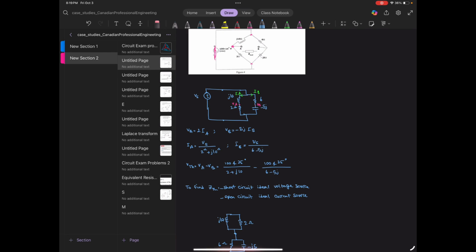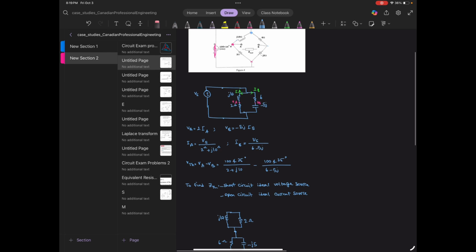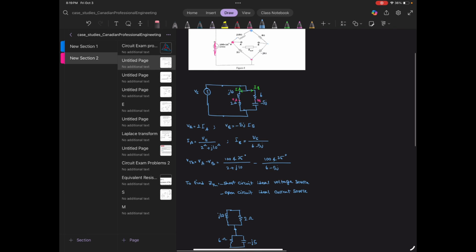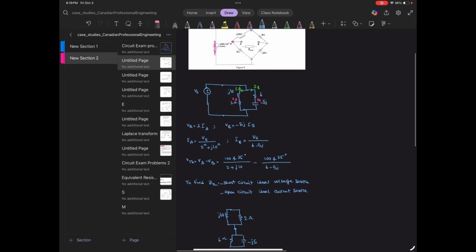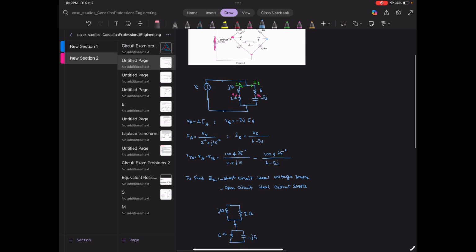Because the 6 ohm and the J10 only have one node in common. The other node is different. The other node, which is common between these two, is connected, the other one is not.